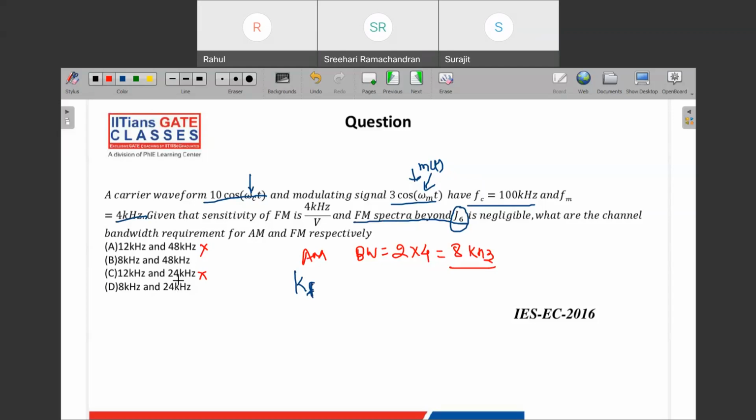So for that, we need to find out what is the bandwidth of the FM. Now, if you remember the spectrum of the FM, it looks like this.